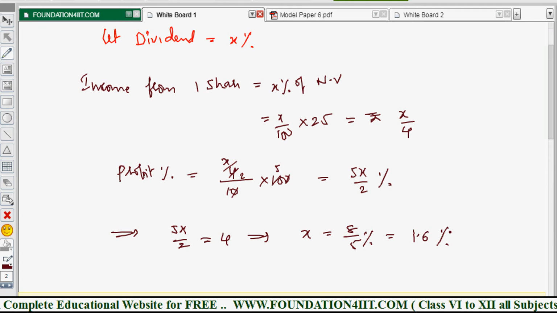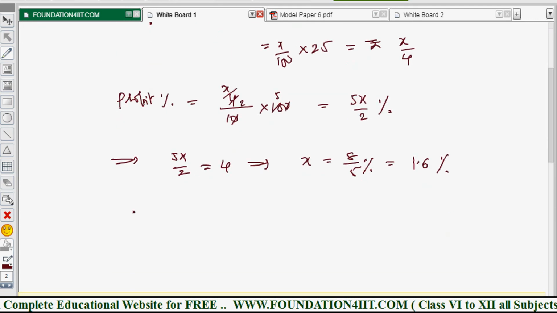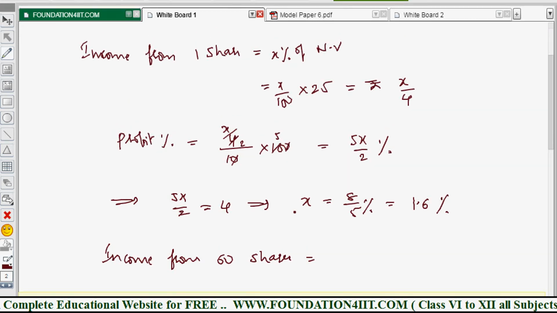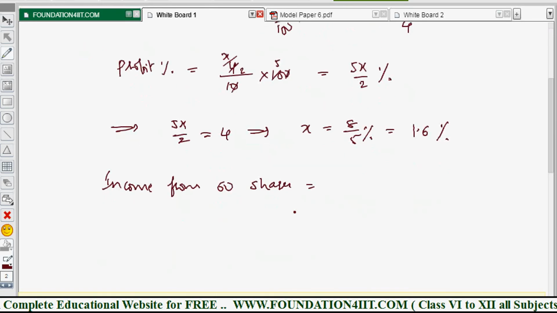Now income from 60 shares. We need to find out income from 60 shares. Income from one share is x by 4 here. Then 60 shares, so 60 into x by 4.